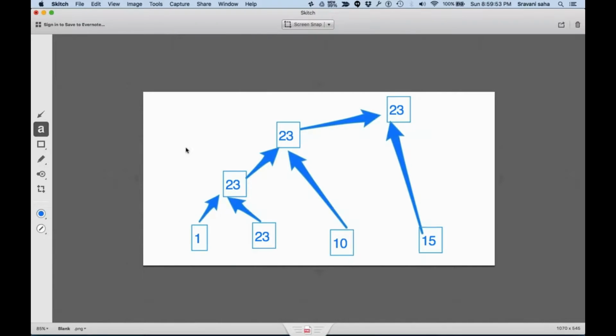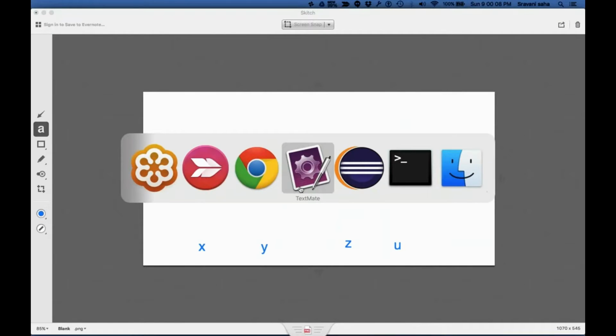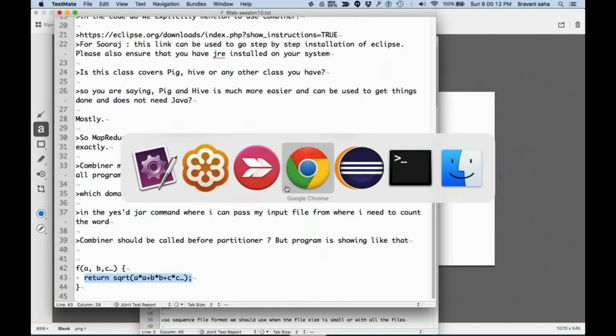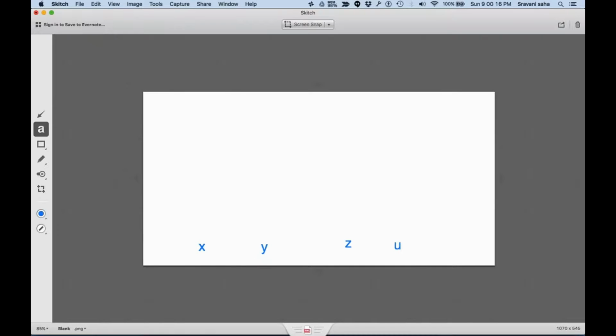Let's say we had x, y, z, and u. So what is the function we have? We have this function. Now, what if we apply this function on all the values in a single shot?